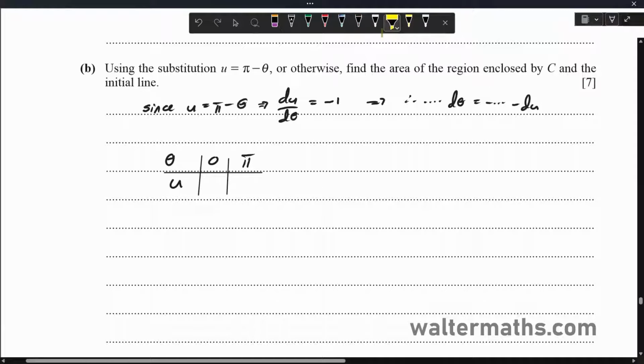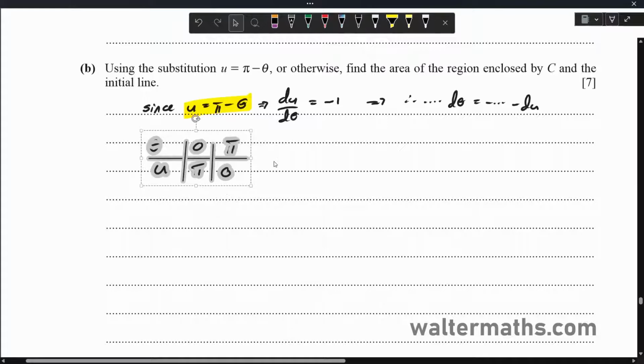We're going to make use of the substitution. So when theta is 0, u will be pi. And when theta is pi, u will be 0. So there's kind of a change: the lower limit becomes the upper limit and the upper limit becomes the lower limit.